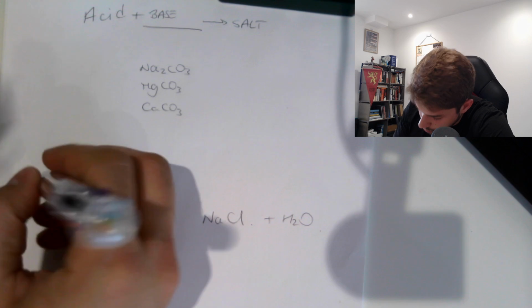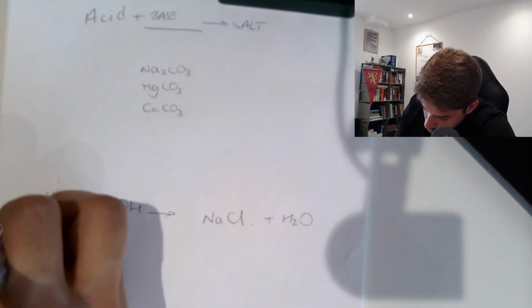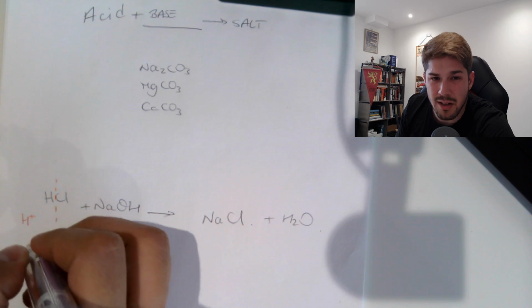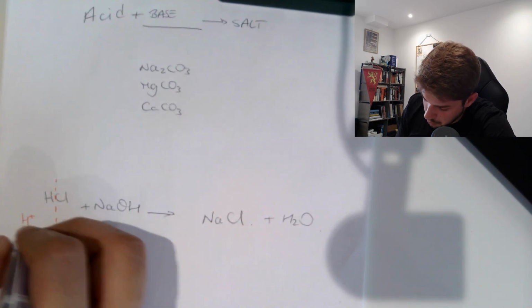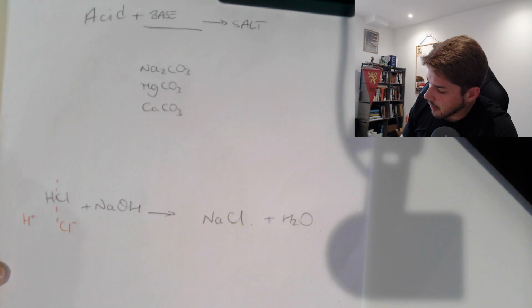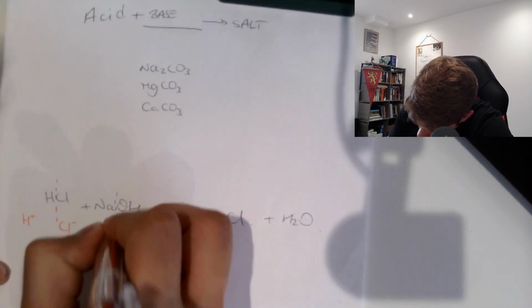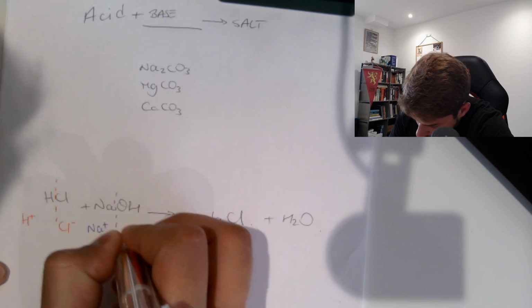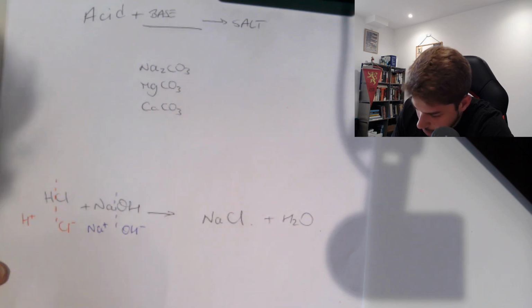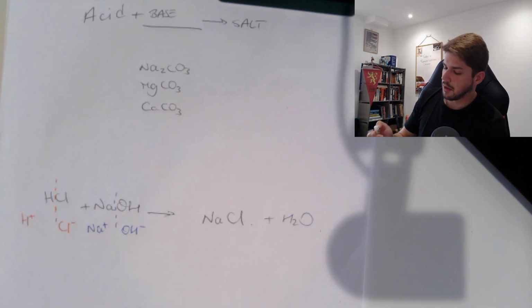So look, sodium chloride. Hydrochloric acid, when you break it into ions, has a proton plus chlorine minus 1. And the alkali, when you break it into ions, you have sodium plus and OH minus, which is called hydroxide. What is happening here?